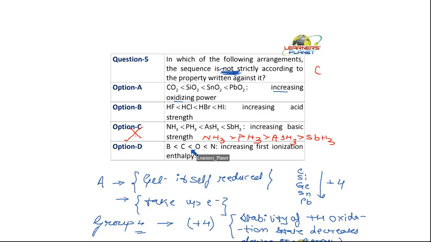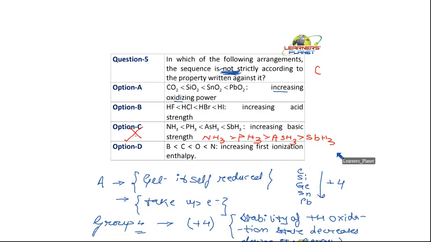Now let's take up the fourth also. Boron is less than carbon, is less than oxygen, is less than nitrogen, increasing first ionization enthalpy. Are they correct? Now students, if I am moving from left to right in the periodic table, what happens? The size decreases. If the size decreases, more energy will be required to remove the valence electrons, because the effective nuclear charge also increases.